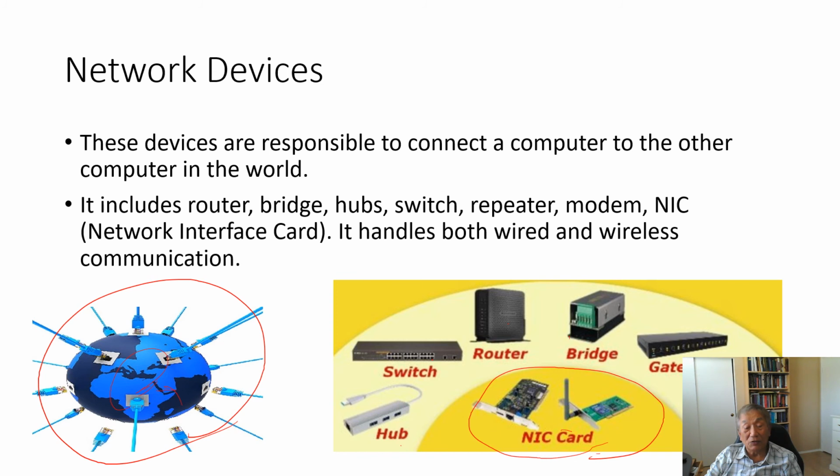That one is inside your computer, sometimes wireless, or with an Ethernet cable connected by wire. This is for your computer, but these other things are for interfacing and interconnecting. I will talk about the differences and what they are doing when we are covering the network part. Anyway, it's responsible for connecting the computer to other computers all over the world.